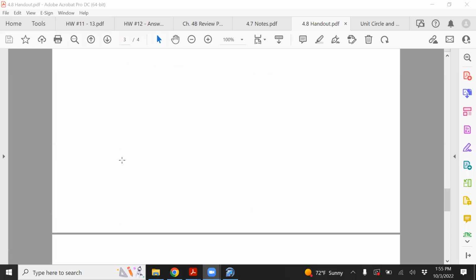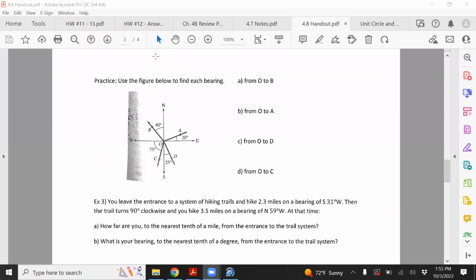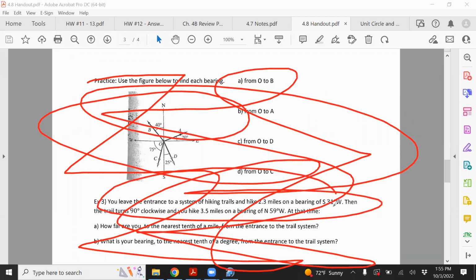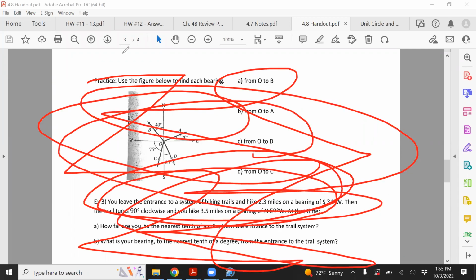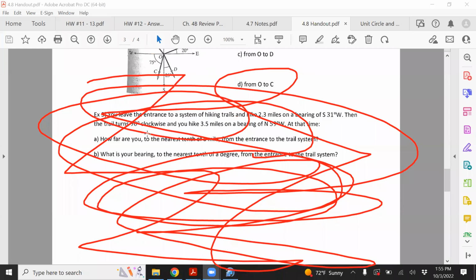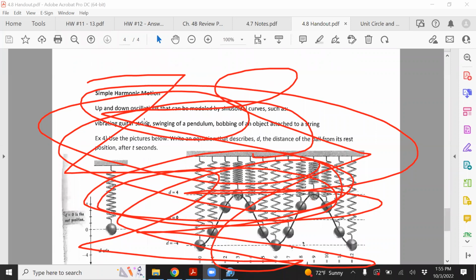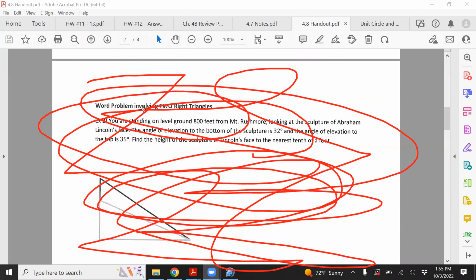Also, you can cross off this entire page as well. But we are going to do stuff on the last page, and also going to do stuff prior.